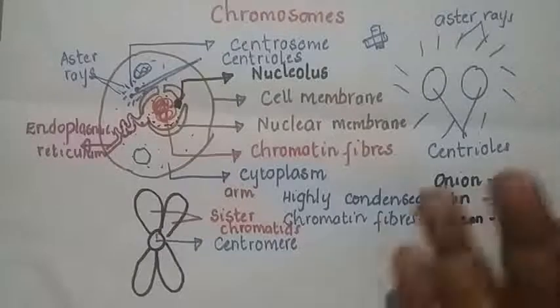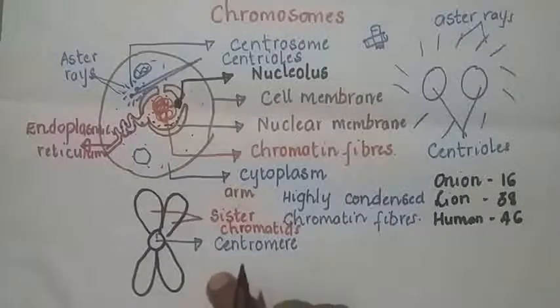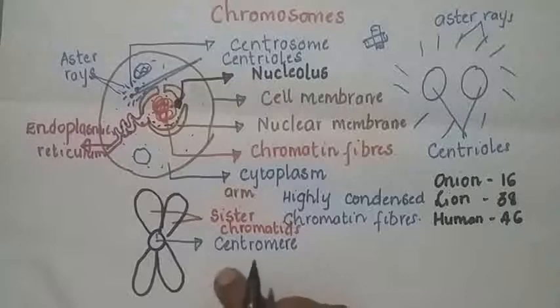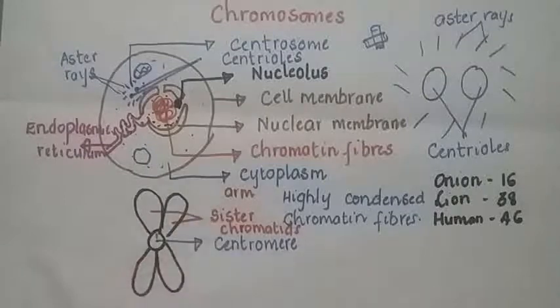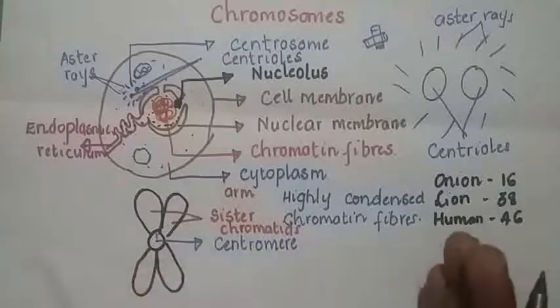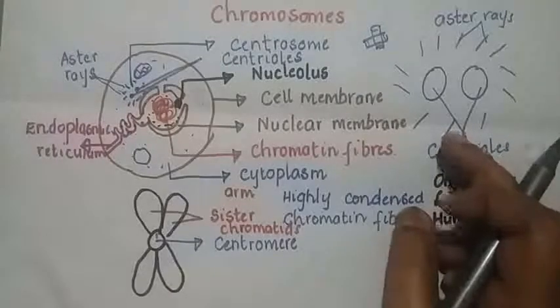Okay, which I will teach you in detail when I take up the phases of cell division. So what is the function of centromere? Centromere splits during the cell division so that the sister chromatids get separated by the contraction of spindle fibers.